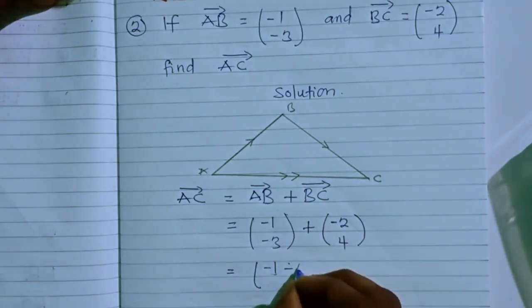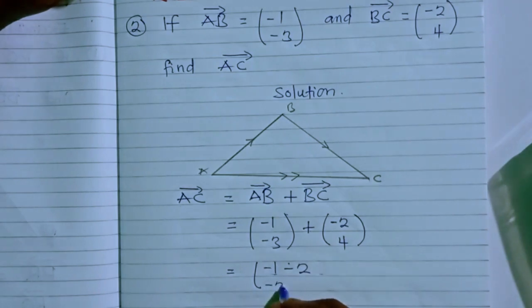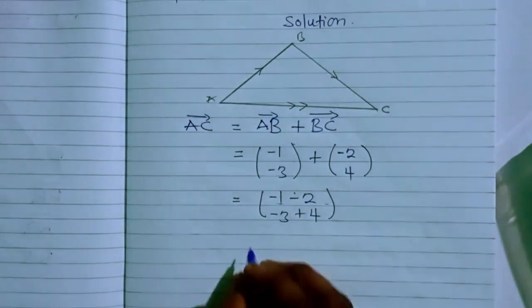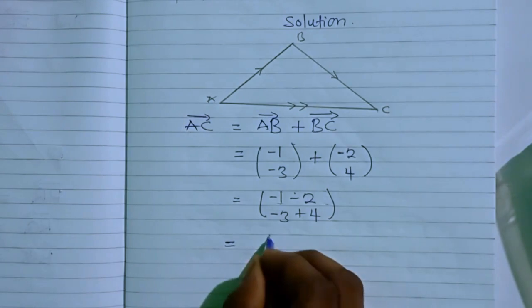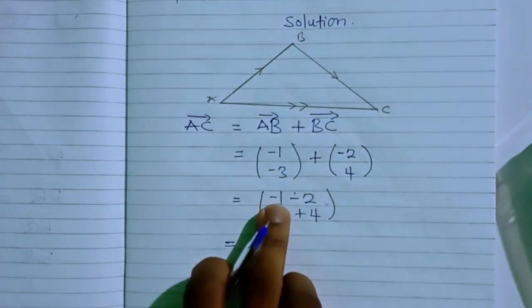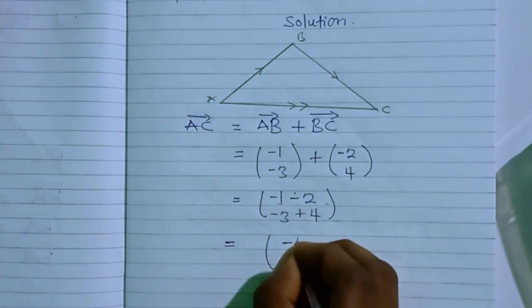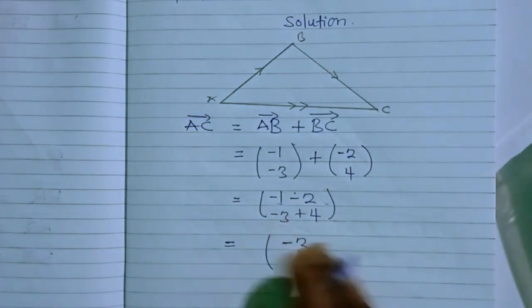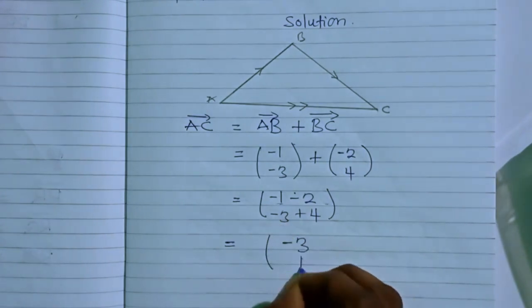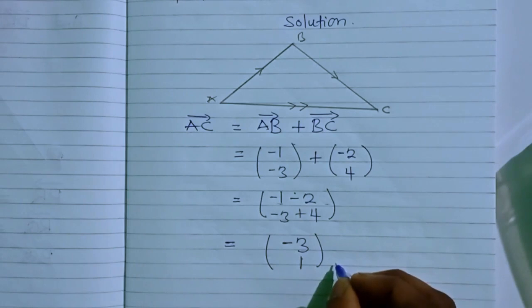So this will be -2. And I have -3 for this one plus 4. Now this will be equal to -1 minus 2 will be -3, and -3 plus 4 will be 1. And this is my final answer.